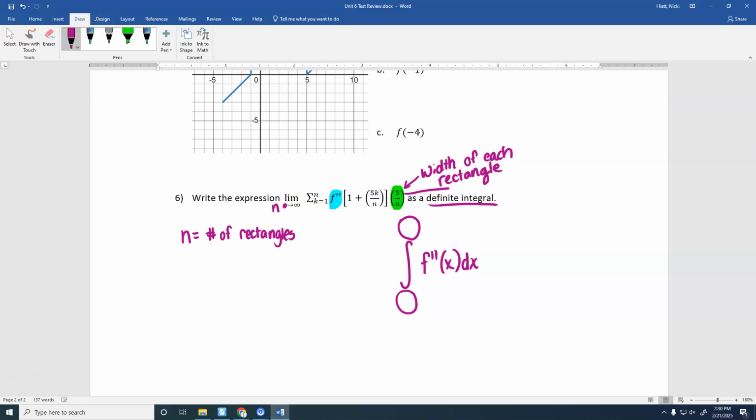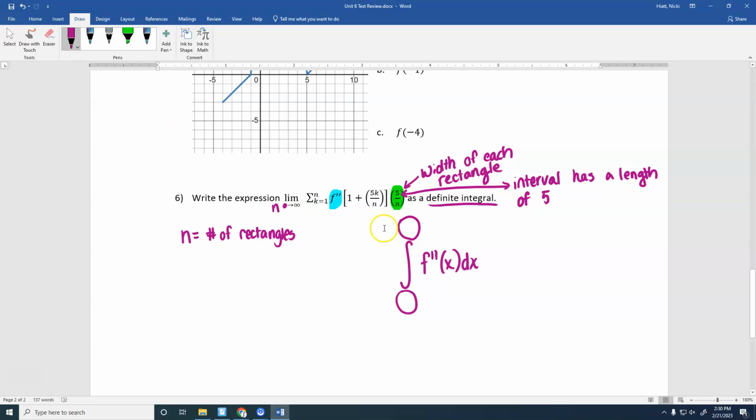And what it tells you, in this case, is that the top number tells you that the interval has a length of 5. Because if you have a length of 5 and you're dividing it by the number of rectangles, that gives you the width of each rectangle. So you're going to look for somewhere where you've got a number divided by n. It is always going to be there.